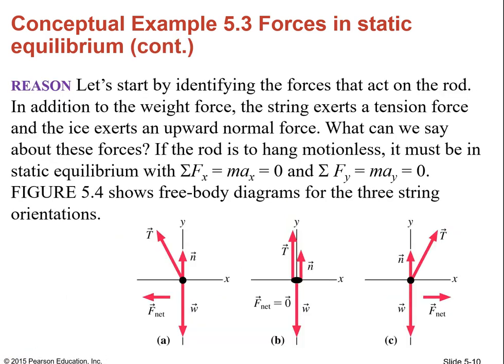Okay, so we have to identify the forces going on. All right, so if the rod is to hang motionless, it's got to have a static equilibrium of 0. So the 3 different strings can have free body diagrams drawn like this.